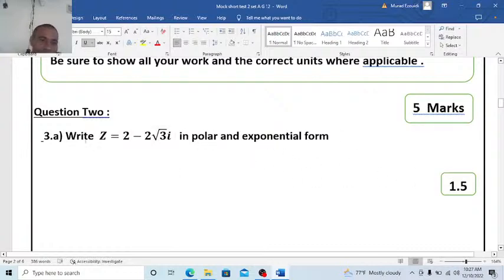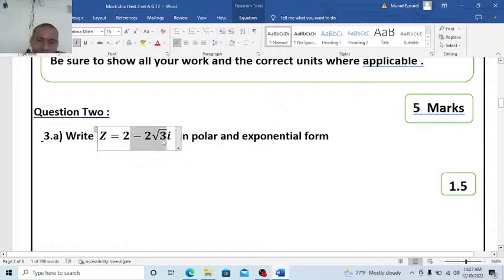This one is going to be for 1.5 marks. So if one of you is now watching your teacher, Sultan is really looking for you to start solving this kind of question, so that you will be familiar with it. Let's say the real part is 2 and the imaginary part is negative 2 root of 3; you can write this in polar form.